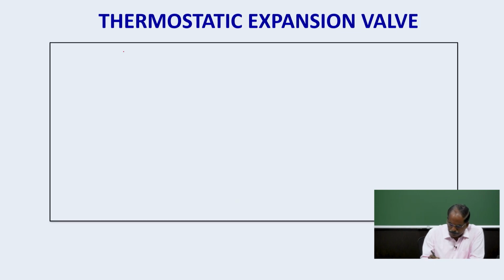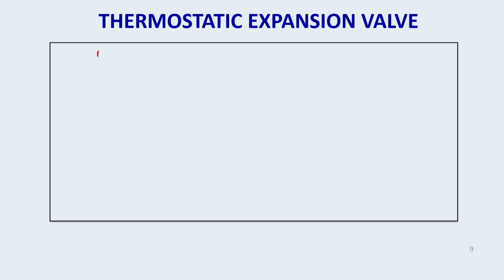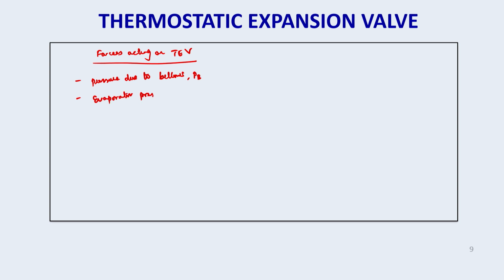So let us see the forces acting on the thermostatic expansion valve, TEV. One is the pressure due to the bellows or diaphragm, that is PB. Evaporator pressure, PE.